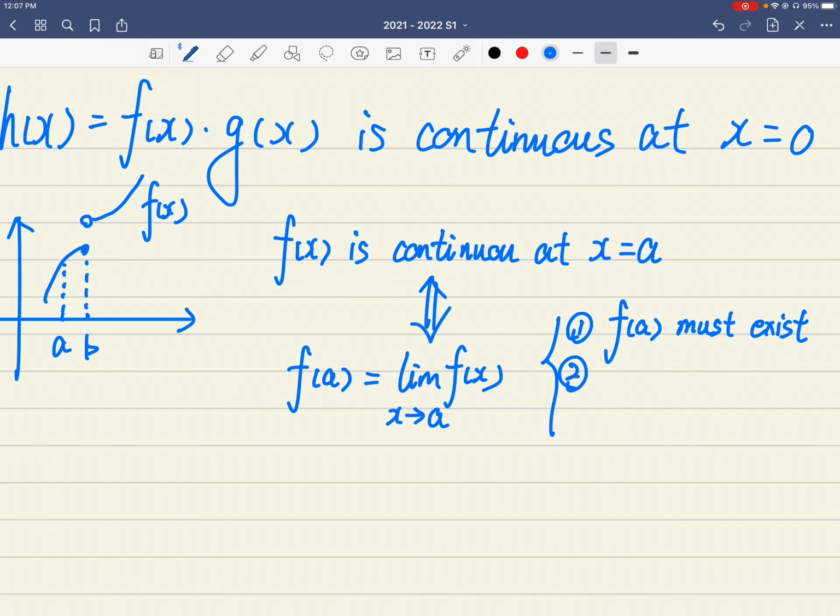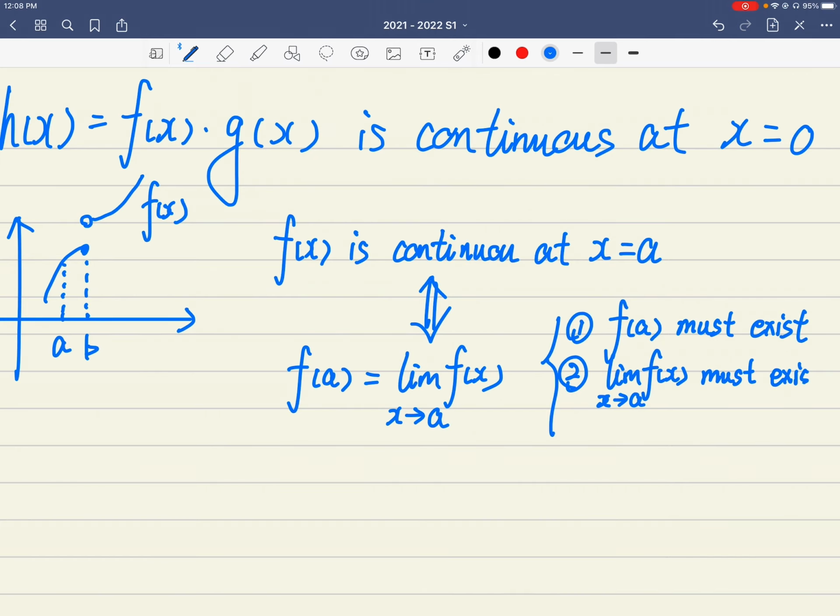Same thing, your limit must exist. Again, looking at the function, for example this sample function here, at this point the limit doesn't exist, because the limit from the right is different from the limit from the left. So here it implies that the limit must exist.